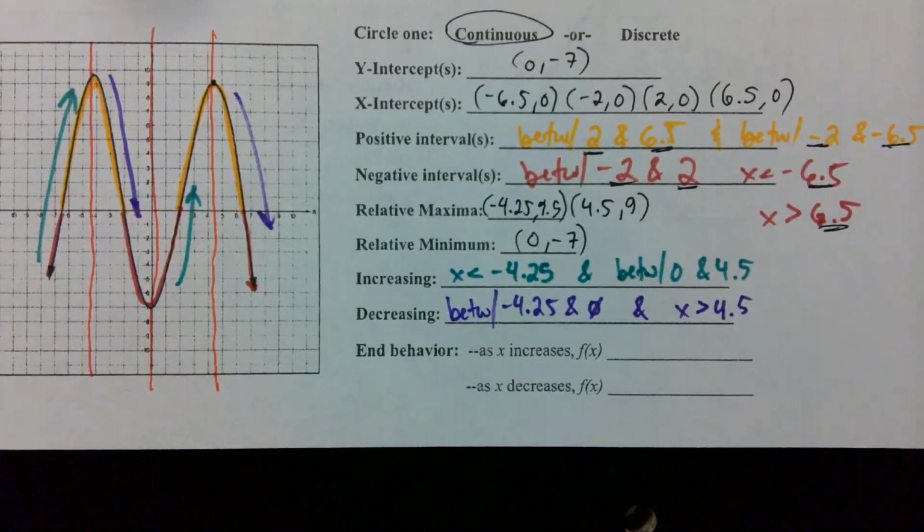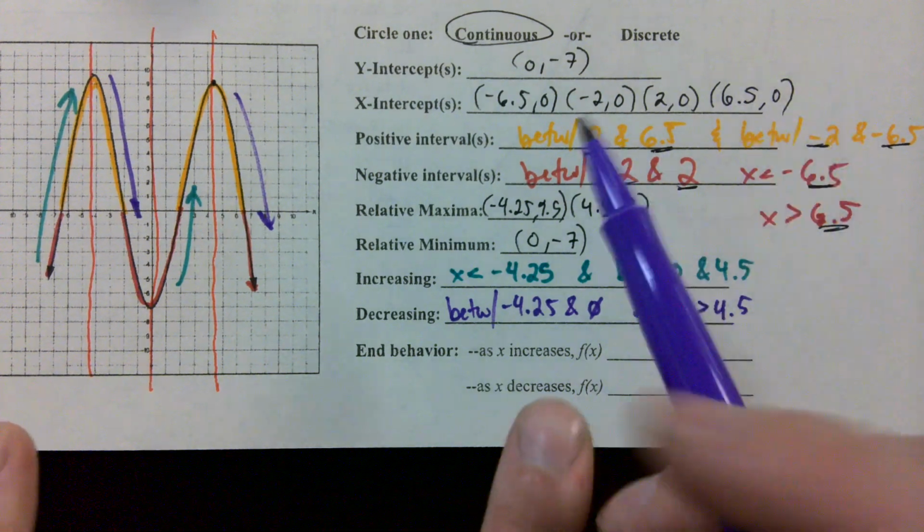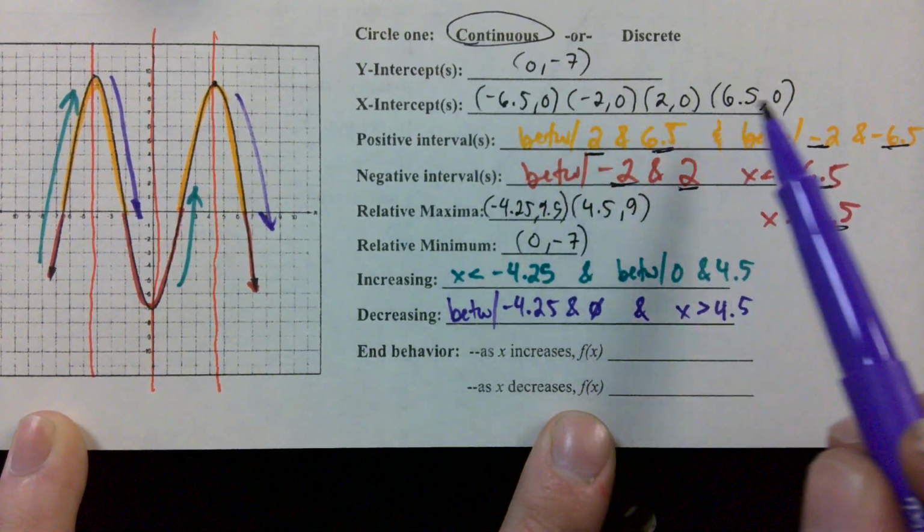Hopefully the color coordination there helps you understand how we figured that out. Something interesting to point out is we're always going to have one more interval than the number of points we identified. So up here, we had 4 x-intercepts.